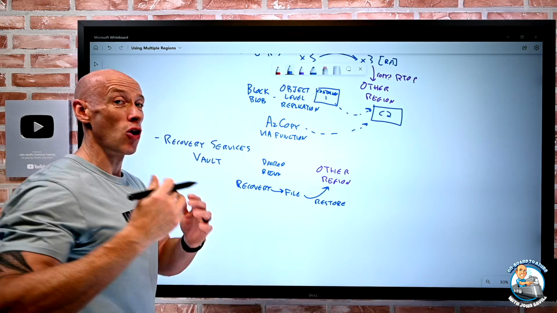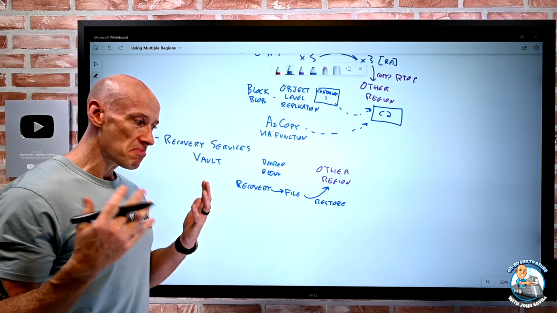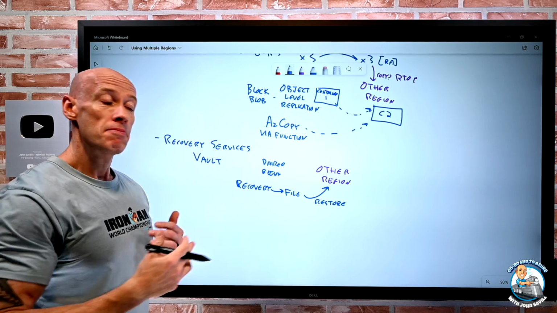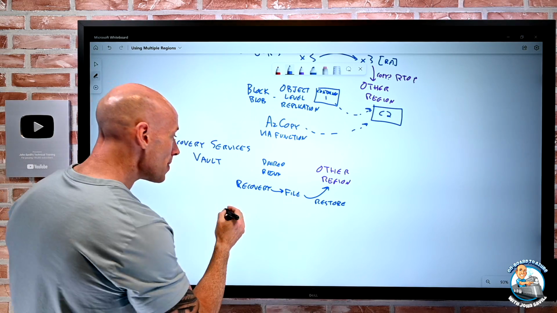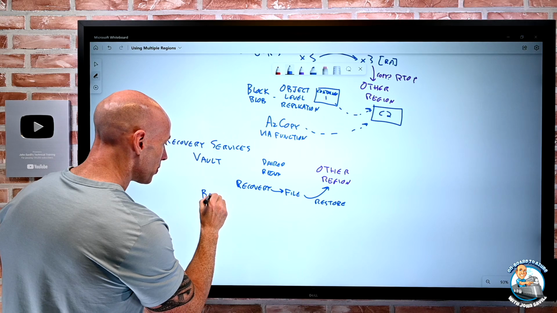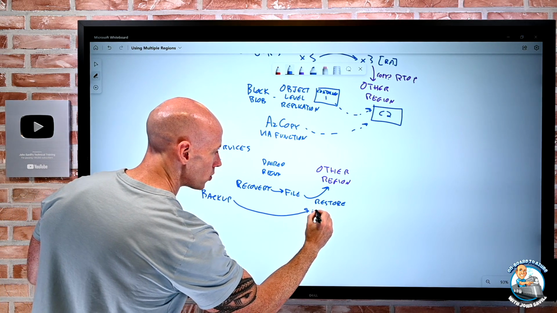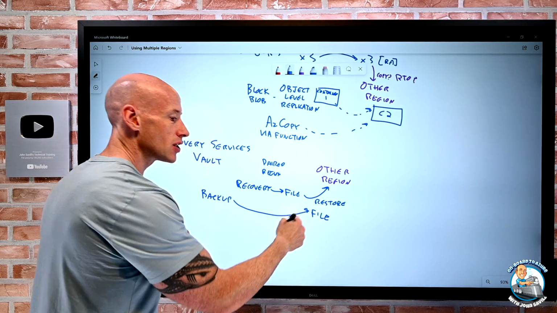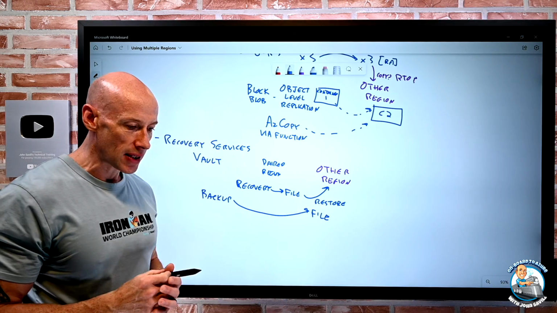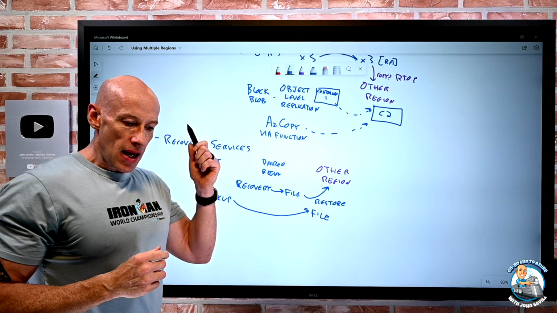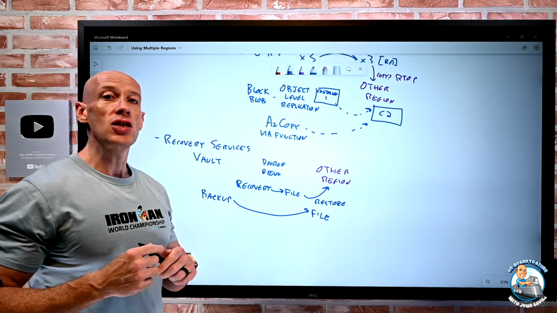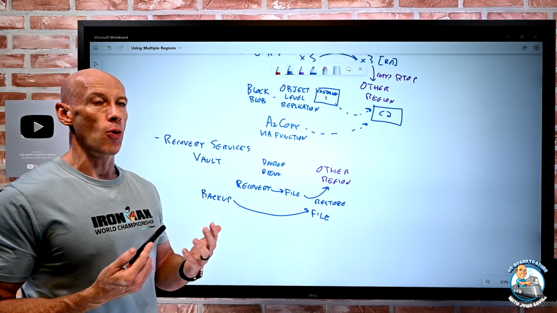Now, again, it has to copy that file across the regions, but again, how long do I have? Maybe that's an option. Maybe I just write my own backup straight to file, and it stores the file in the other region, so it's locally available to be used there. So there are different options potentially available to solve the recovery services vault.